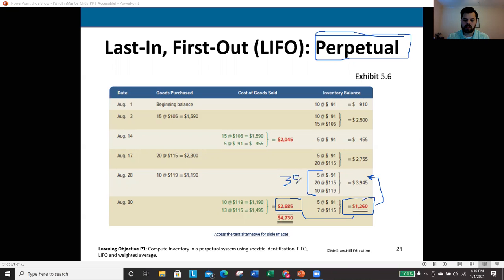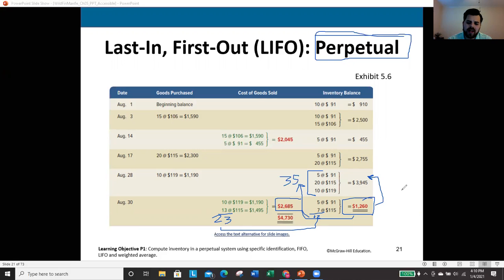So you need to be dealing with 35 units. Well, here 23 have been sent to cost of goods sold, and 12 are left in ending inventory. 12 plus 23, of course, does equal 35. So you can check, and I recommend once again that you do check both the dates and the units as well as the dollar computations.